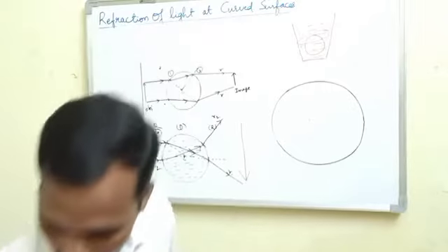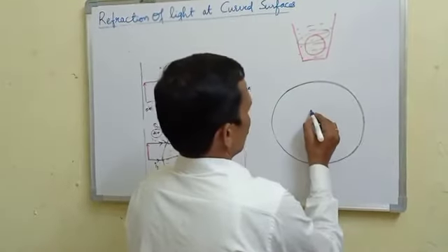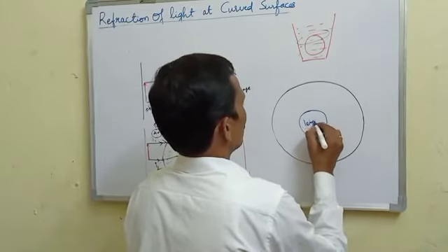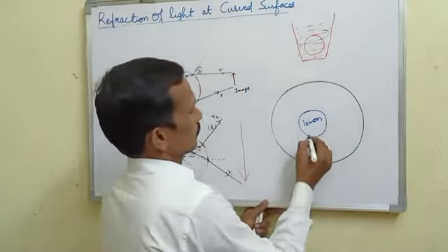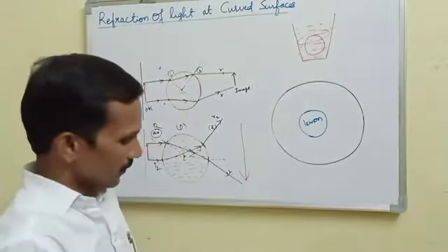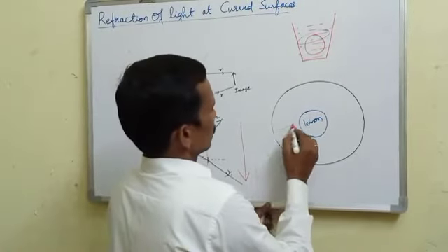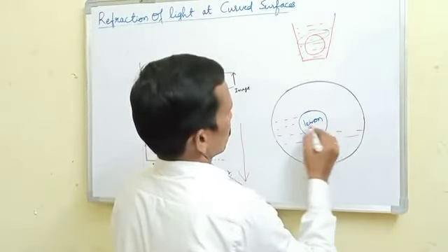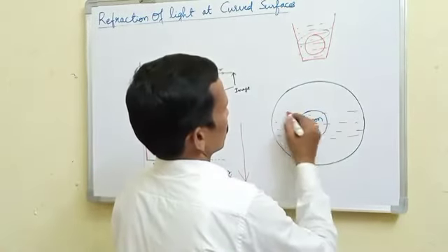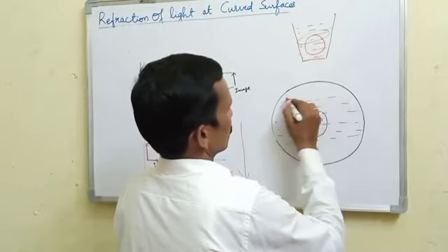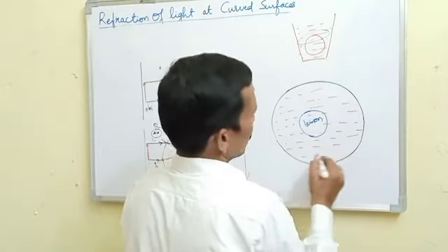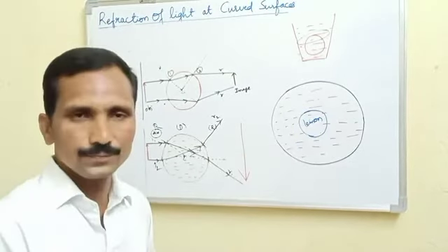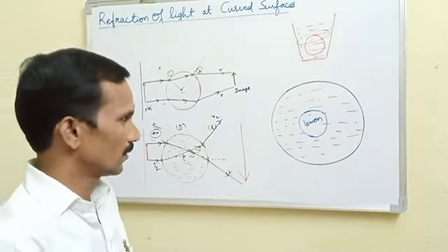Now observe this. This is the lemon, the actual lemon. When it is filled with water, what happens? It is a denser medium now. The glass is filled with water.